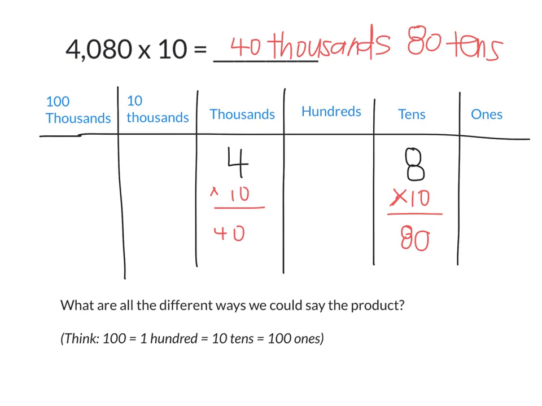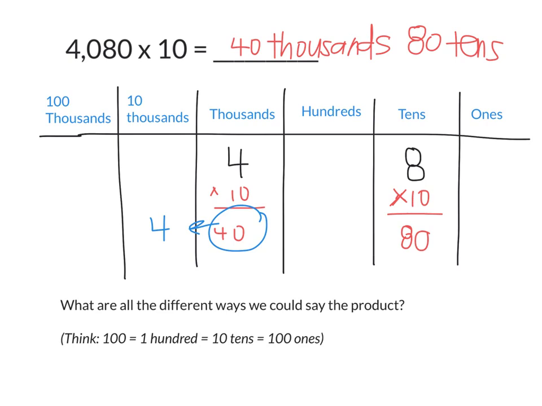Is it? No. We call this unit form. Everyone say unit form. Unit form is when we just multiply each unit. We multiplied the thousands units and we multiplied the tens units. Okay? But we know that 40 thousands is equal to 4 10,000s.